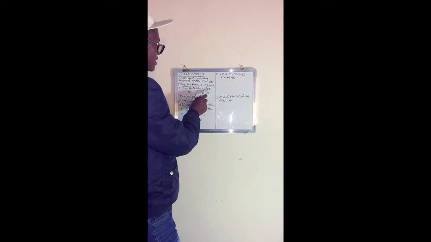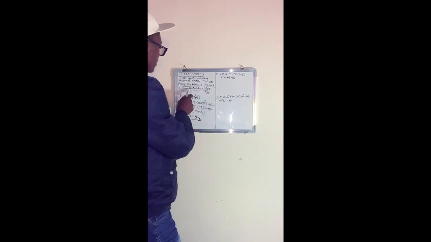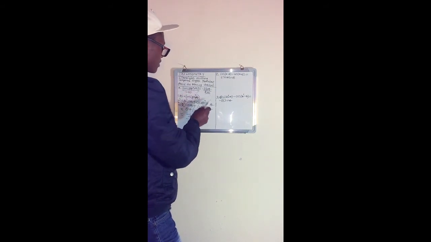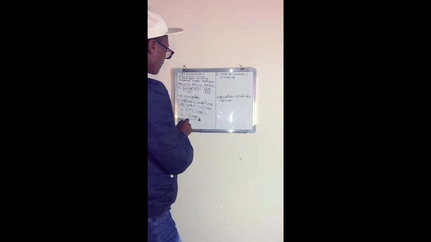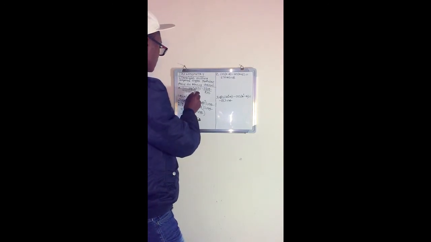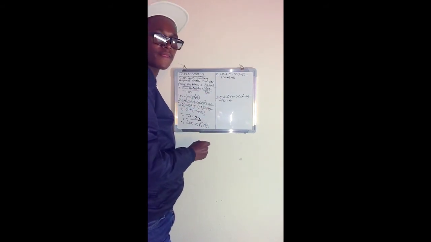It means we have proven that sin 180 plus theta is the same as minus sin theta. Therefore, our left hand side is the same as our right hand side, because we get minus sin theta.